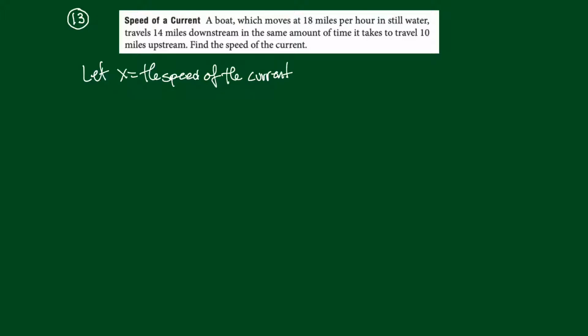I'm going to draw a picture so I can get a better feel for what's happening here. Suppose here's this river, and we have a current maybe going this way. How fast is it? We don't know, x. So the current's going this way at x miles per hour, and we know that in a boat we go 18 miles per hour in still water. That's with no current at all.